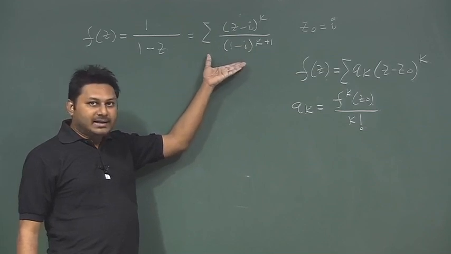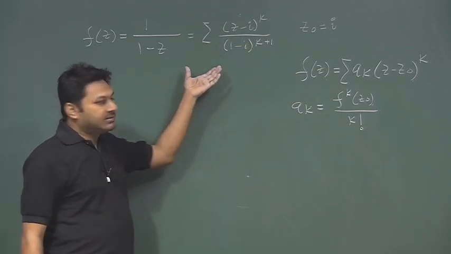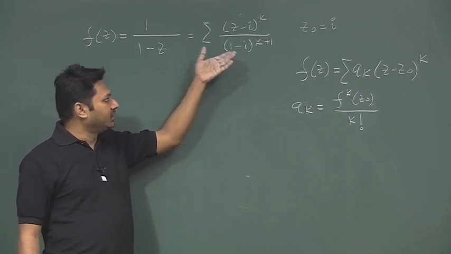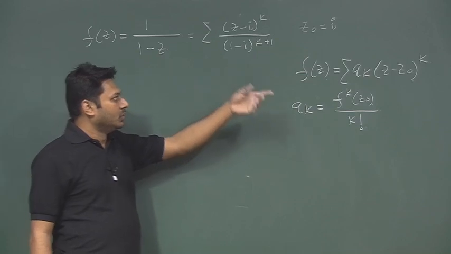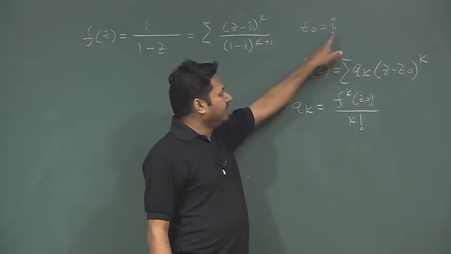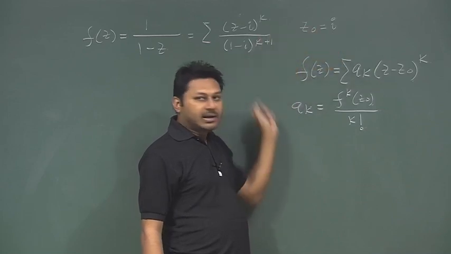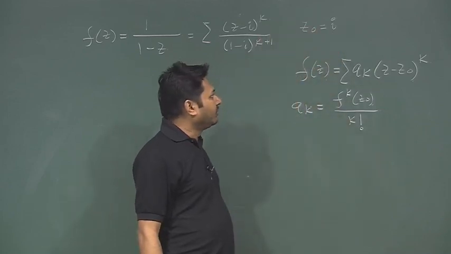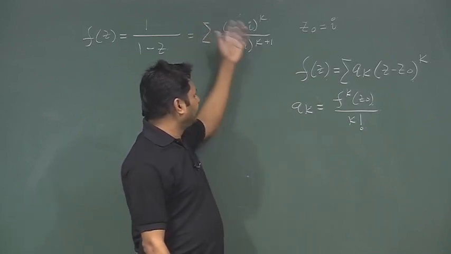We also found the radius of convergence is √2. So if I make a circle around the point i with radius √2, that is the region of convergence of this series.